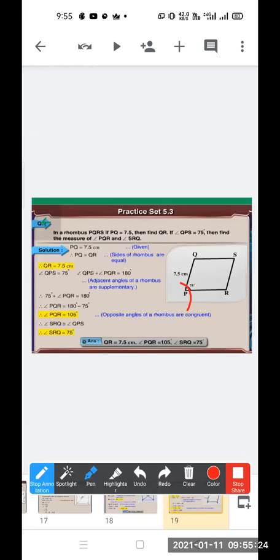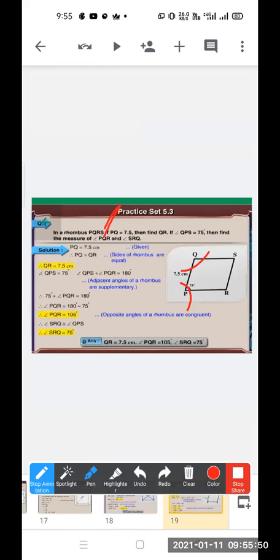Now see here children, what we have to find? We have to find the measure of angle PQR. Where is PQR? This angle. Here they are forming adjacent angles, children.